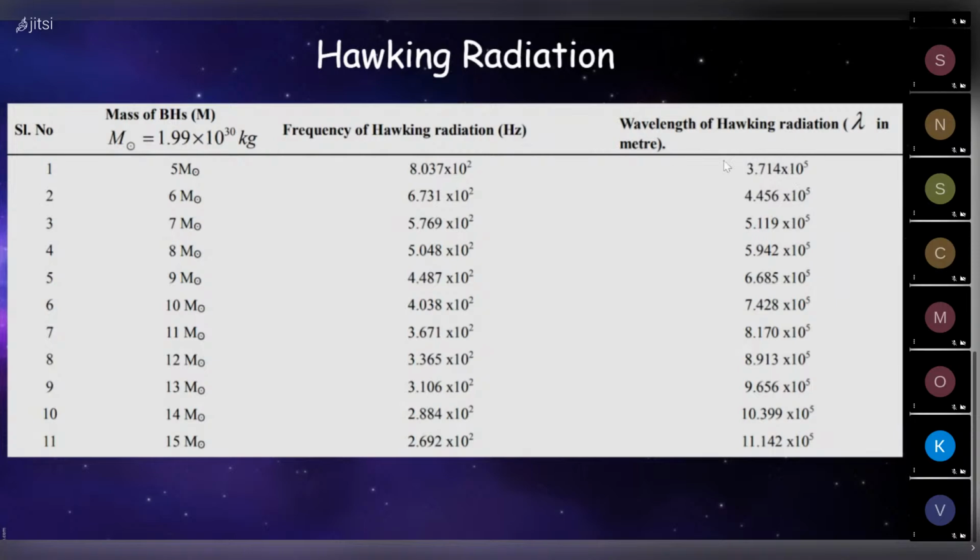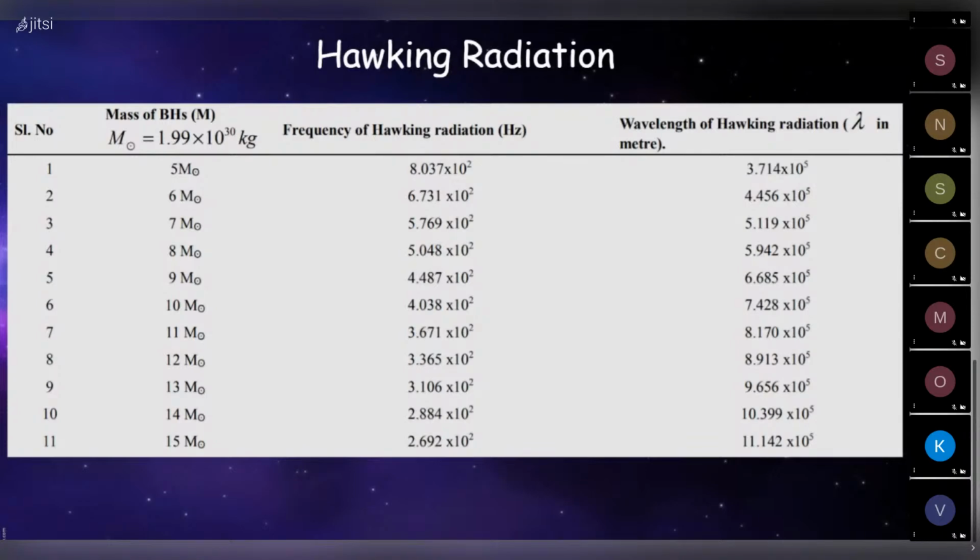We can see that the wavelength of Hawking radiation is very large, like 37 kilometers, 44 kilometers, sorry, 445 kilometers. It's such a high wavelength, and the frequency is very small, like 800 hertz. But still it's emitting some radiation, and that radiation is called Hawking radiation.